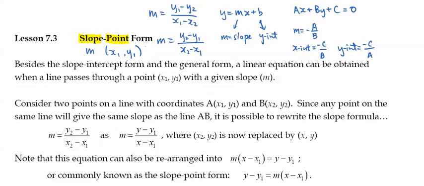So how do we use these two pieces of information to create an equation for your straight line? It all goes back to the slope formula. If you were to take a look at the slope formula again, here is the slope formula.